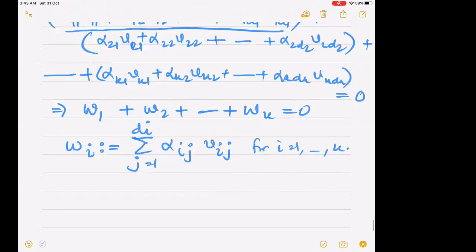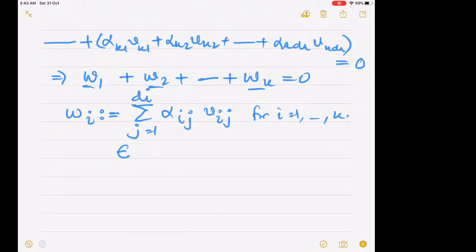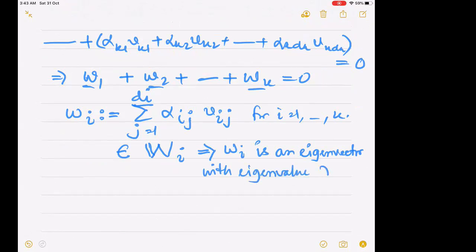This is what these w's are. Notice that this is a linear combination of vectors from Bi. So of course this is a vector in Wi, which means wi is an eigenvector with eigenvalue lambda i, and this linear combination goes to 0.